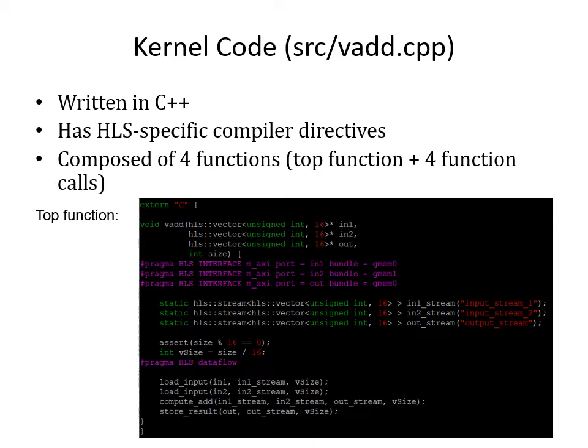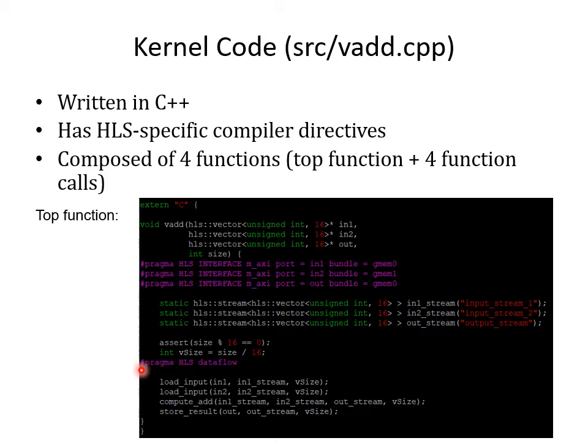Now, although the HLS kernel code looks very similar to regular C code, it has numerous pragmas. These are called compiler directives, and they tell the HLS compiler how to build the hardware. We're going to learn some of them starting next part, but for now, let's move on.